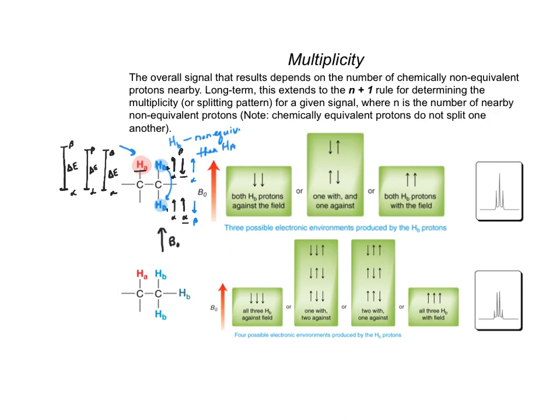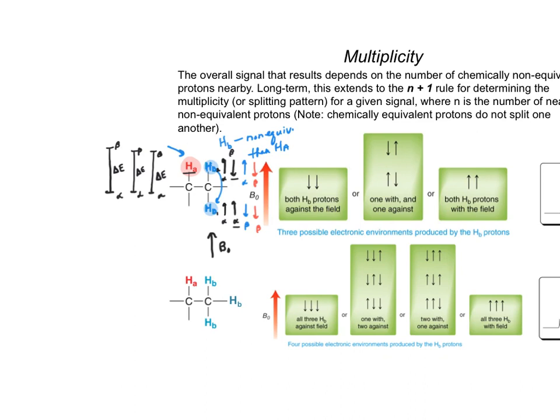And then finally, let's say that in the last molecule we look at, both HB2 and HB1 are aligned beta. So they're both opposing the external magnetic field, and because of that, we will get a smaller, comparatively, splitting of the two spin states for HA, and we'll get absorbance at a little bit lower frequency.